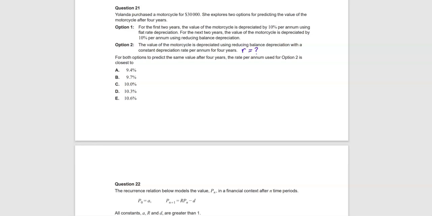So the value at the end of 4 years, option 1 is what I'm going to do here. So first of all, it did flat rate. So if we do flat rate, I'm going to find the value. So I want V2. Now, if you look at flat rate and you do the nth term, it looks like that.